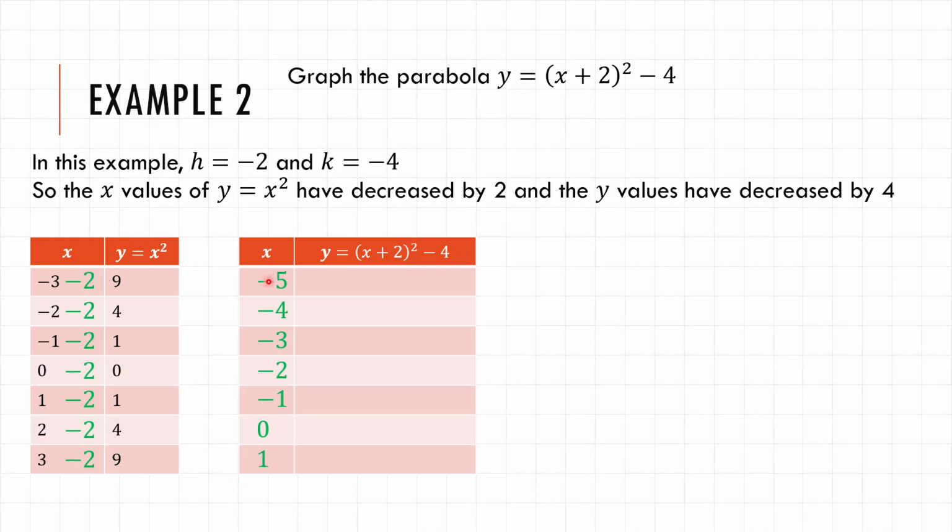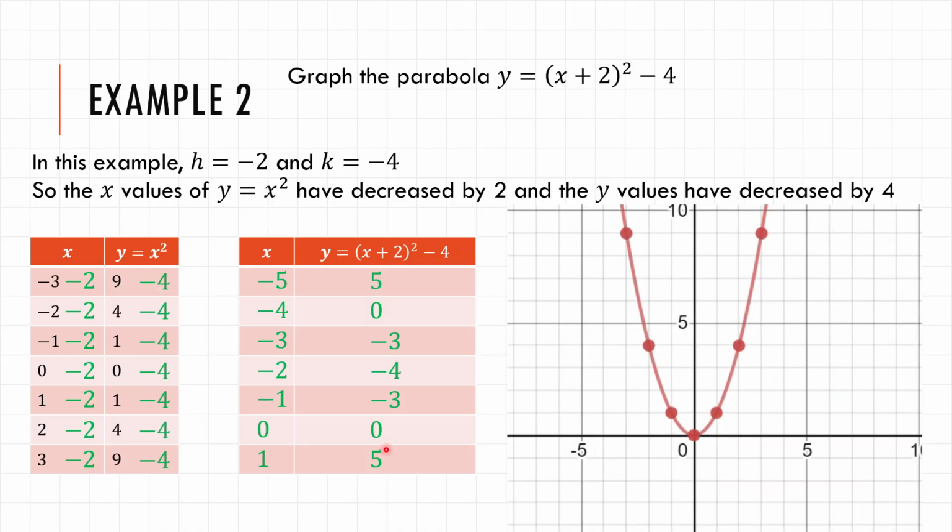I can find out what the new x coordinates are, because all of them have gone down by 2. That's what happens when you move something 2 units to the left. For the y coordinates, all of those have decreased by 4, so I can take all of these and subtract 4 from them. 9 minus 4 is 5. 4 minus 4, 0. 1 minus 4, -3, and so on for every single y coordinate.